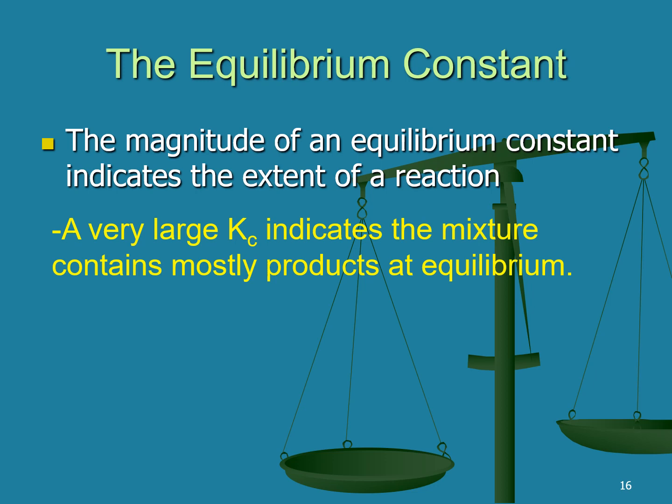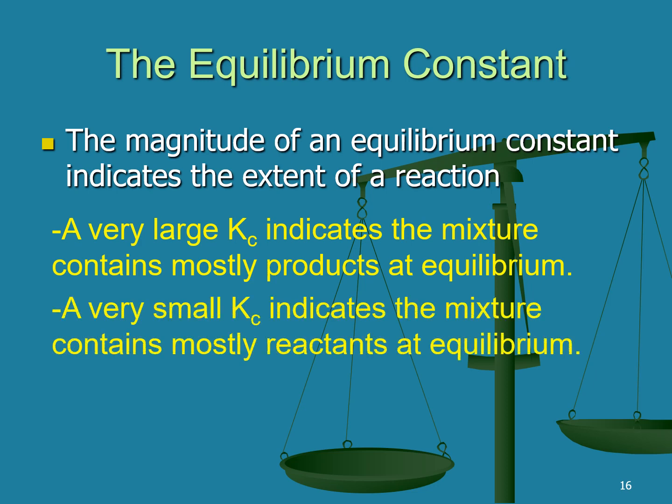If it's greater than 1, products predominate. But generally speaking, we go with 1,000. Let's see what my slide says. Yeah, so usually if Kc is over 1,000, then we've got about 99% products. If Kc is very much smaller than 0.001, then we have 99% reactants.